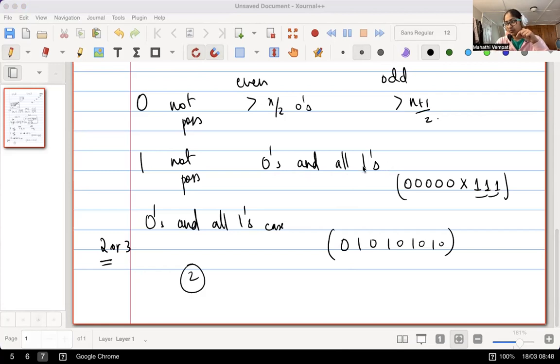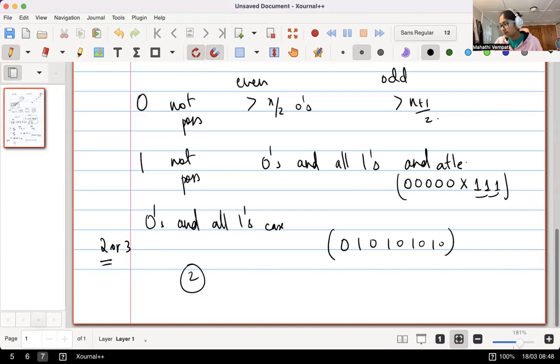No, if it's all zeros and all ones, and at least 1, 1. Otherwise, right? Then 1 not possible, else 1 is possible.